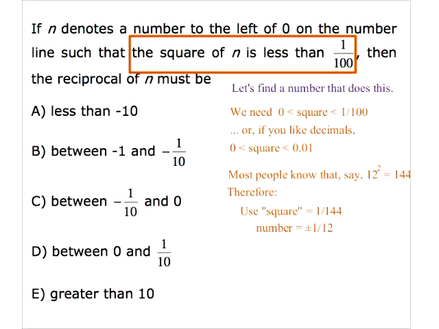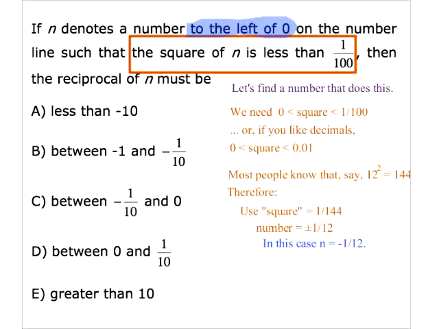But you want the one that's negative, because it says here that it's got to be a negative number. So you can use n is negative 1/12.